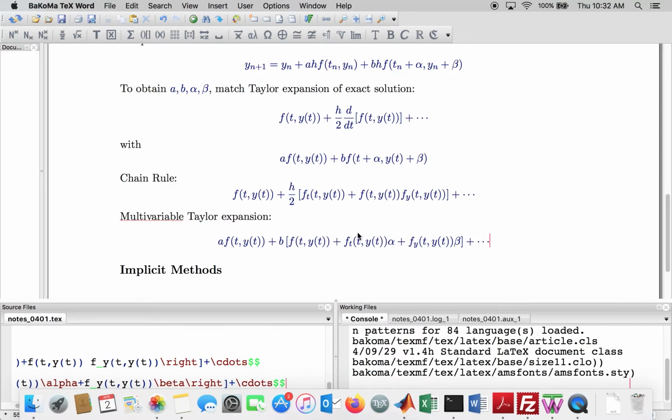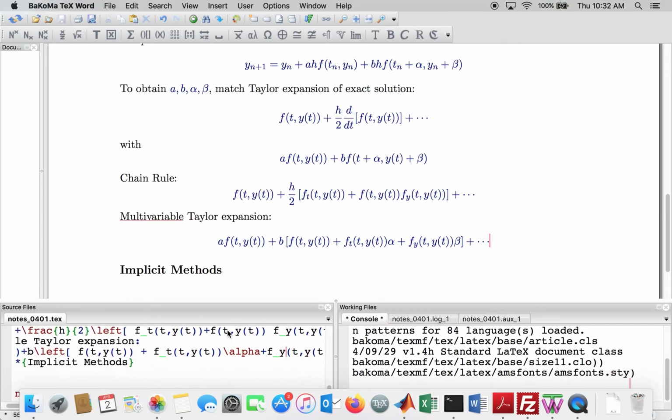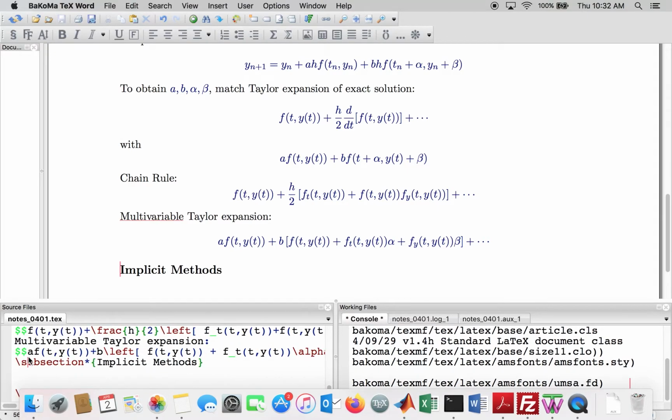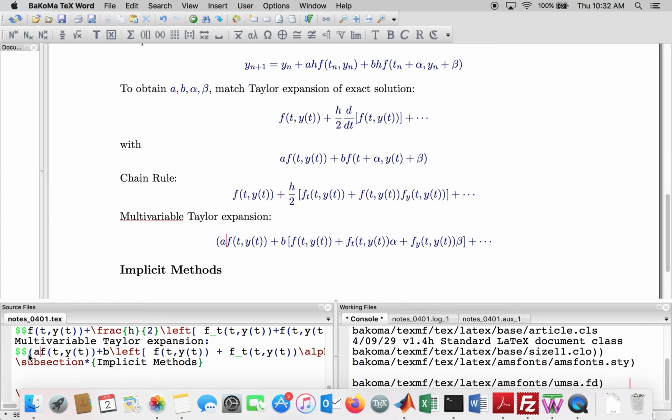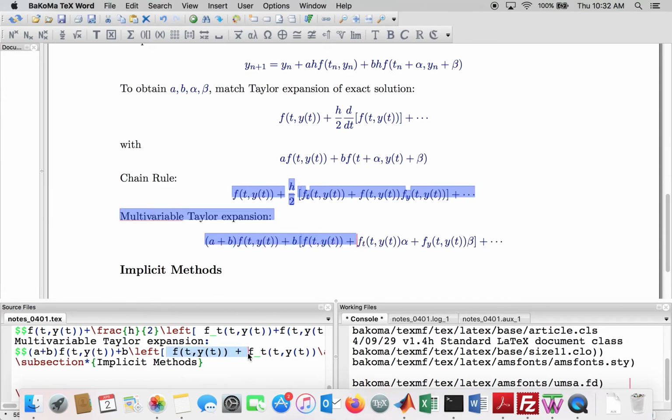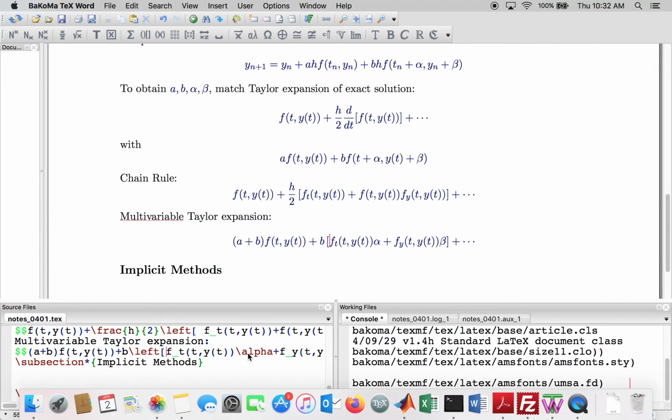Okay. So now if I match up all of these, first of all, I can combine these two terms, the ones that involve just plain old f of t, y of t. So I have a plus b. So now I don't need that anymore. Okay. So now these terms match up.